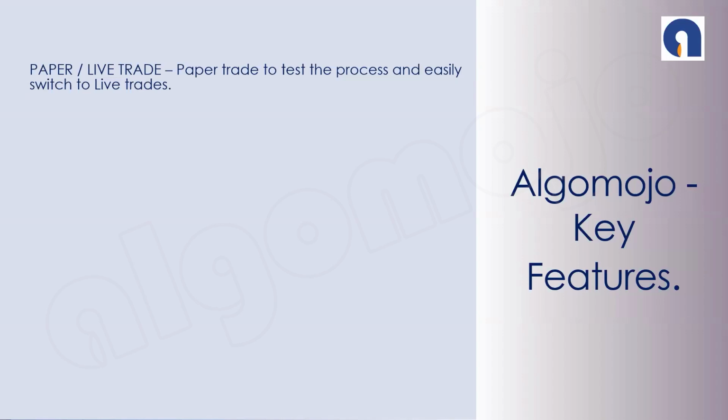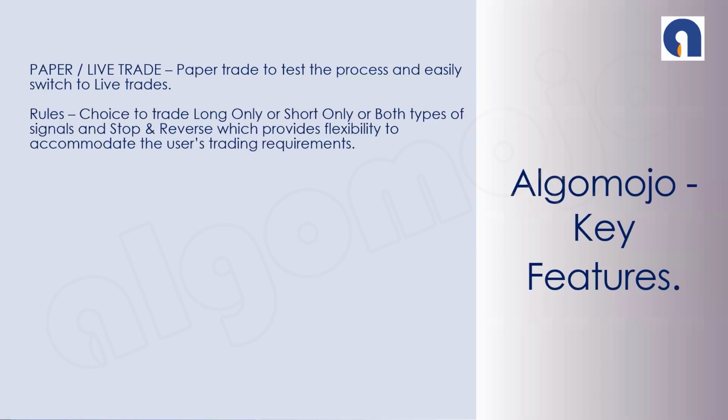And after you test that, you can go into live trade, and there are no limitations for live trades as such. You can do any number of live trades, and you can have any number of instruments or strategies running. There's no limitation for live trades. Only for paper trade, there's a limitation of paper trades as such. More to test the process.